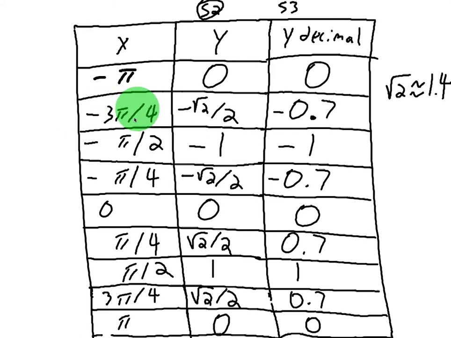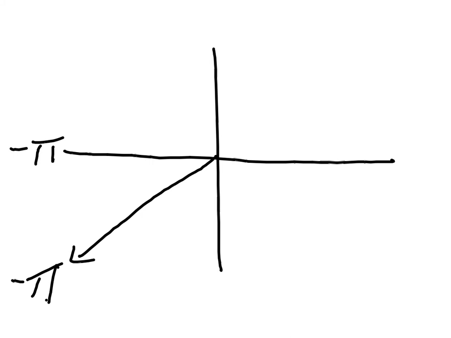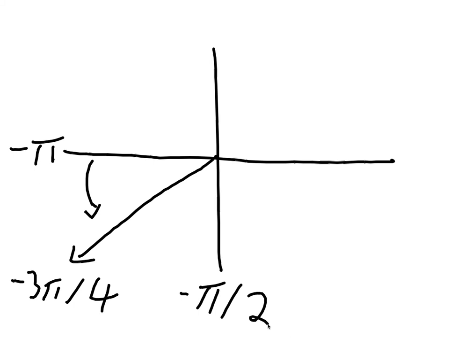Let me show you a visual in the unit circle to help you understand why we're doing this. Okay, so we're starting at negative pi, right? And then we're basically moving like clockwork. We're moving in increments. That's negative 3 pi over 4, excuse me. We're moving in increments of 45 degrees to the right, or pi over 4 to the right. Then the next one is negative pi over 2, right?